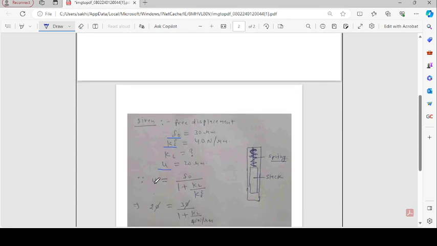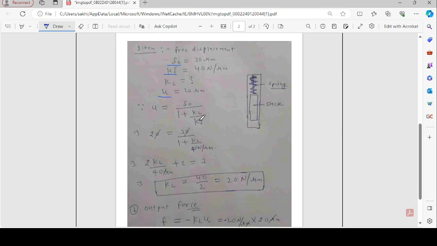So we note that the displacement u is equal to the free displacement upon 1 plus k_se by k_l, where k_se is the stiffness of this stack and k_l is the stiffness of this spring, right? This is the formula to determine the displacement of this piezoelectric system with the spring.